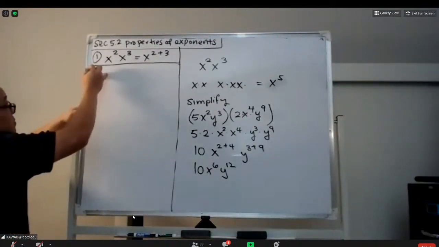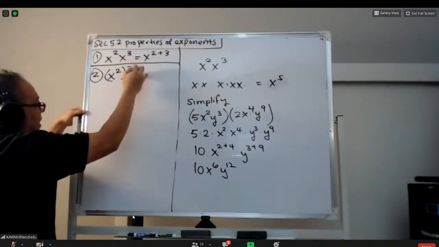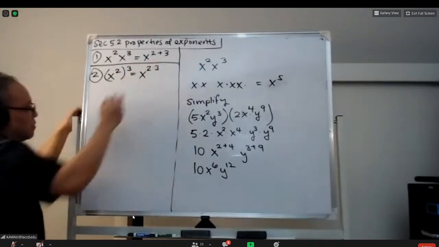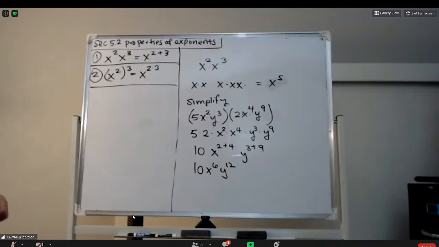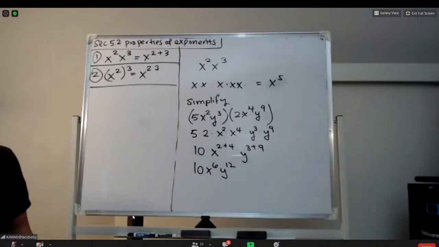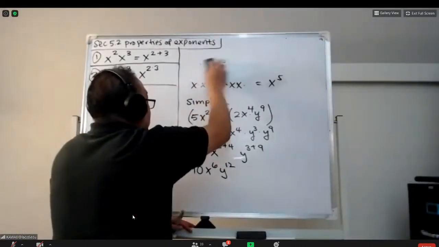So let's try a new one. Okay, let's go. An exponent of an exponent turns into a multiplication. All right, so let's think about that one.